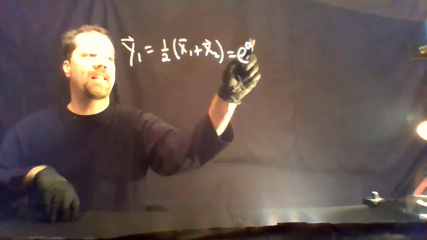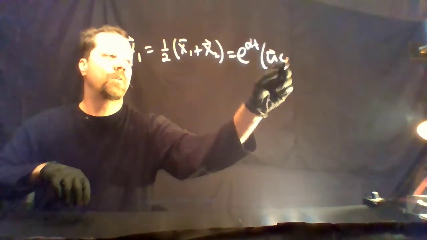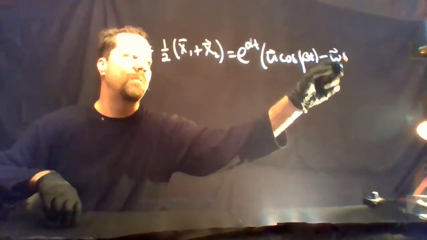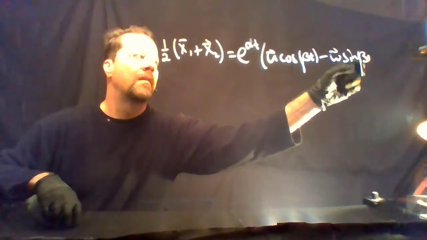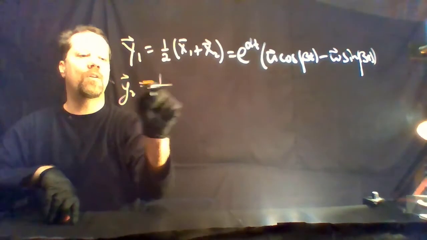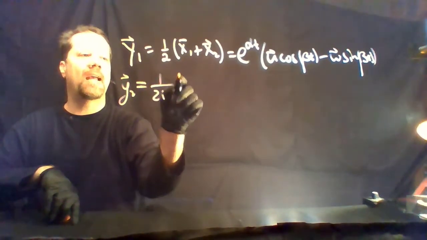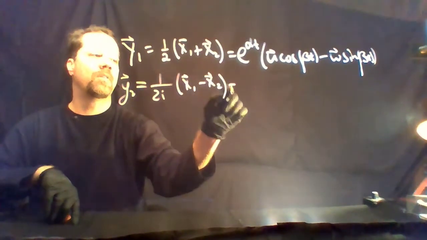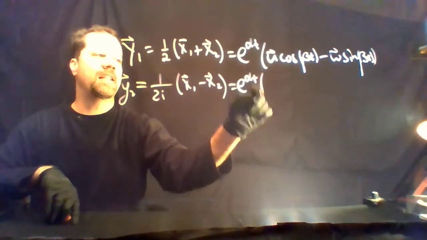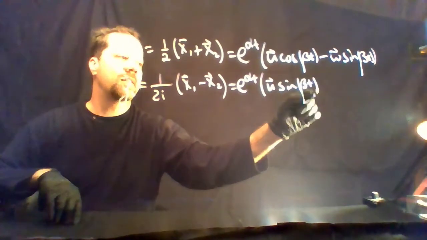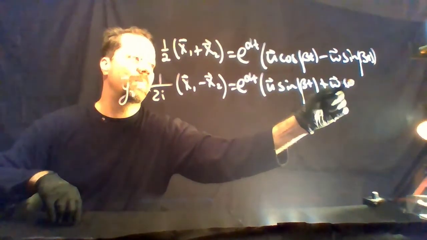That gives e to the alpha t times U cosine beta t minus W sine beta t, and y2 is 1 over 2I times x1 minus x2, which is e to the alpha t times U sine beta t plus W cosine beta t.